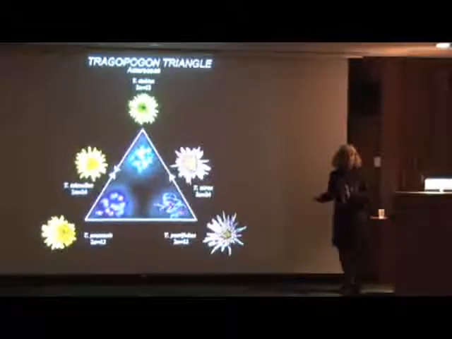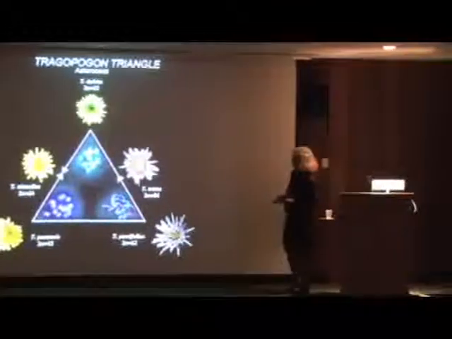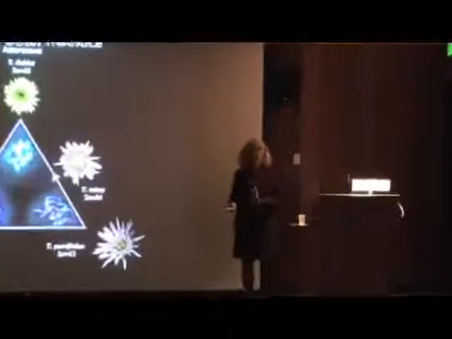And I should mention, it's probably obvious at this point, but these are members of the sunflower family. They're closely related to lettuce, and in terms of growth habits, they look like giant dandelions. This is Tragopogon miscellus over here, and it had these two yellow-flowered species as its parents.